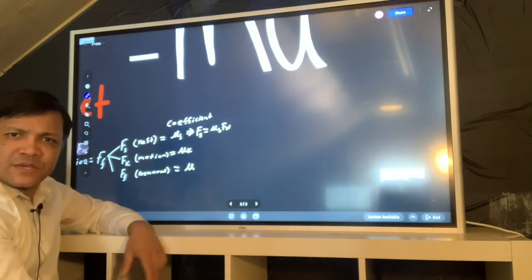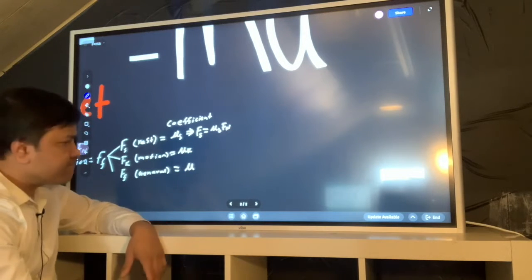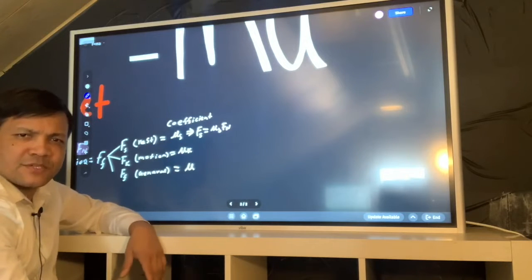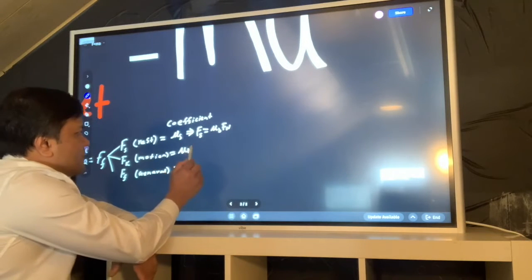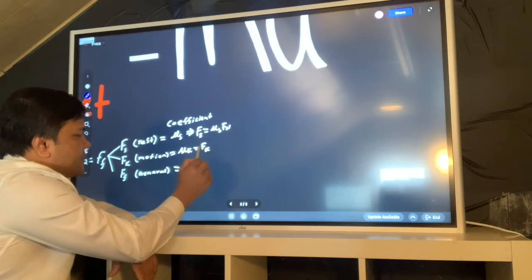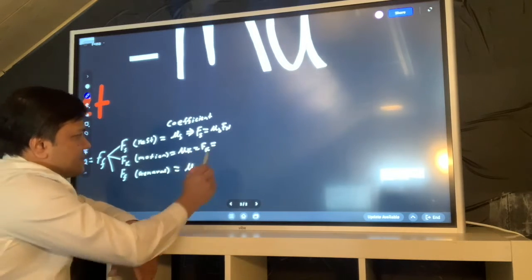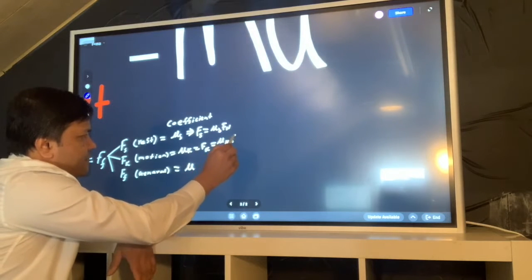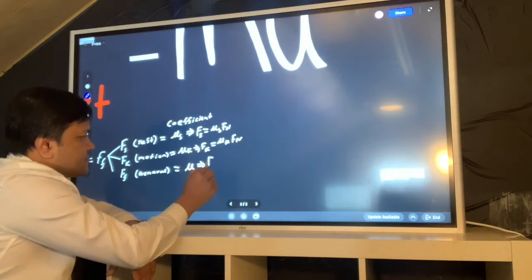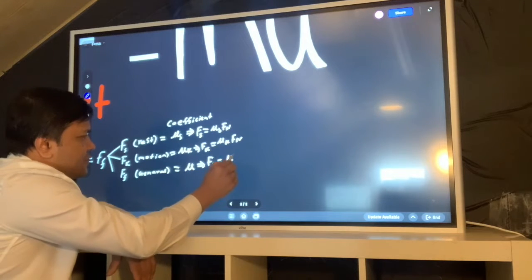We're going to come back to this equation and fix it. Now the force of kinetic friction is mu k Fn. And for the general case, Ff is equal to mu Fn.